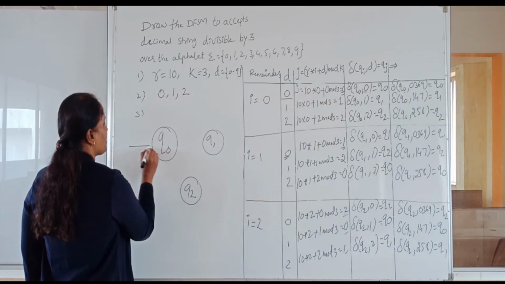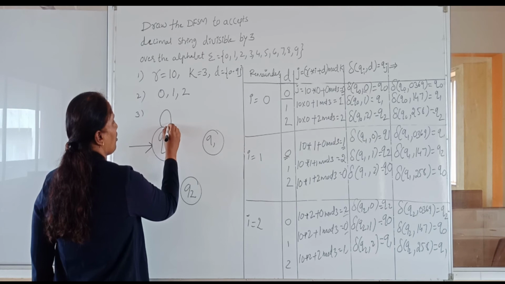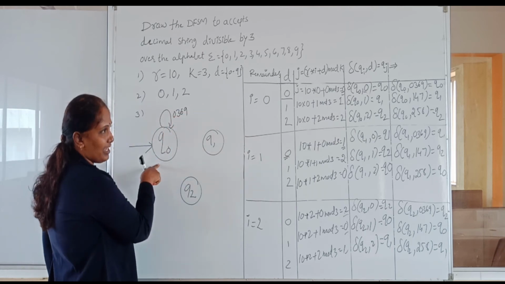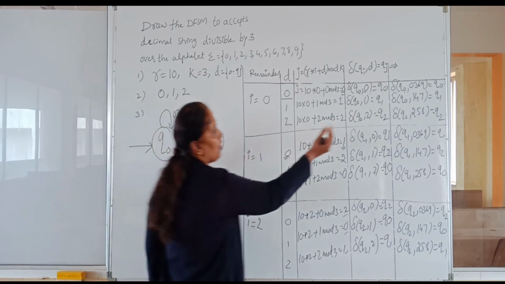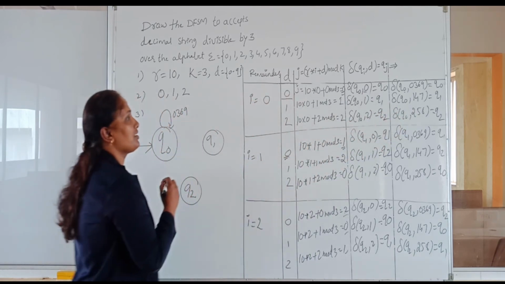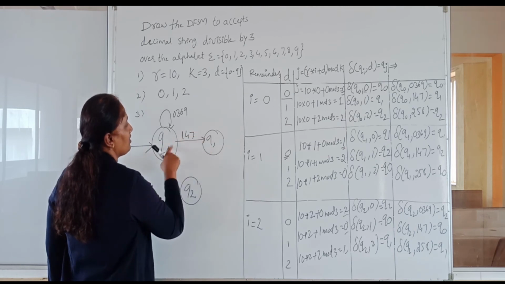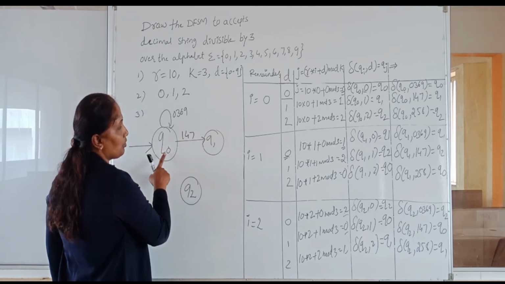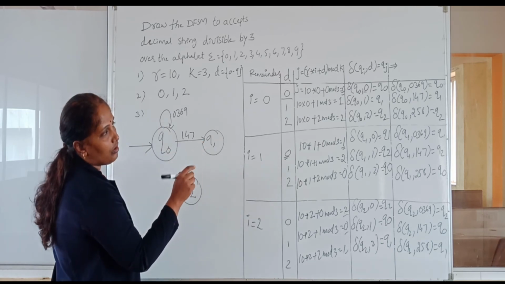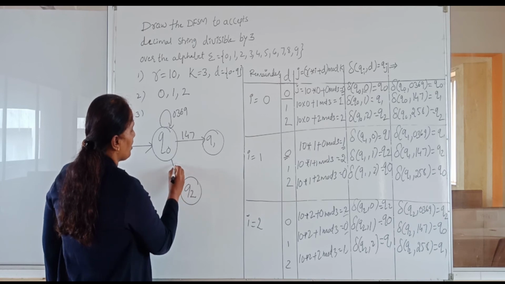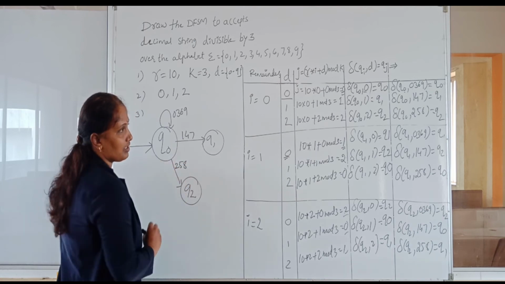Q0 is the start state here. So Q0 of 0369, I move to the same state. Next, Q0 of 147, I change my state to Q1. Next, Q0 of 258, I move to the Q2 state. So I will write here 258.